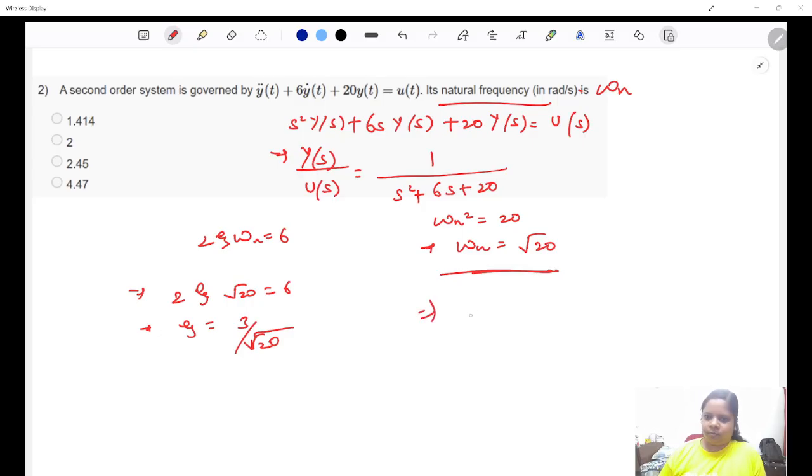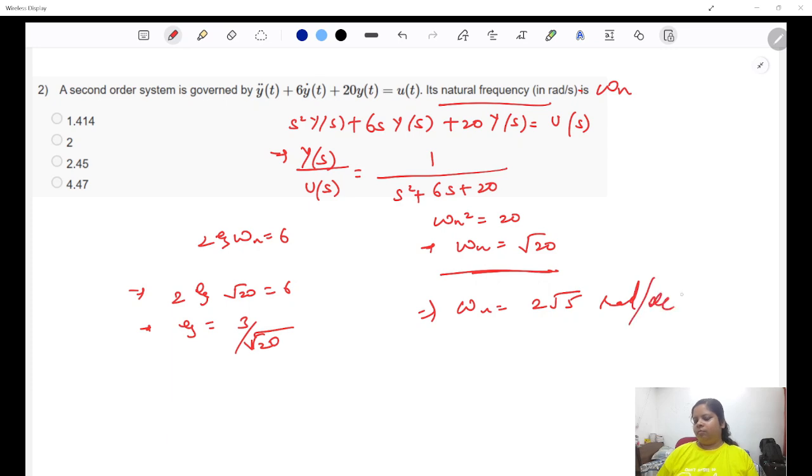Which means you can write omega n to be equal to 2 root 5, right? What is the value of 2 root 5? It is 4.47, right? 4.47 radian per second. So this is your correct option.